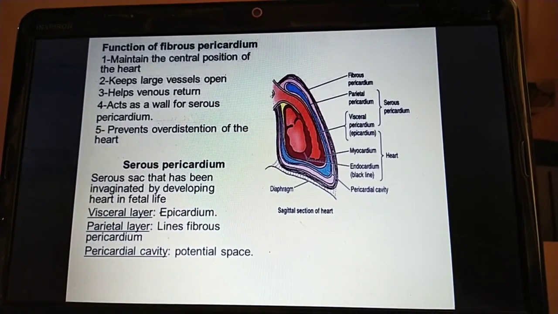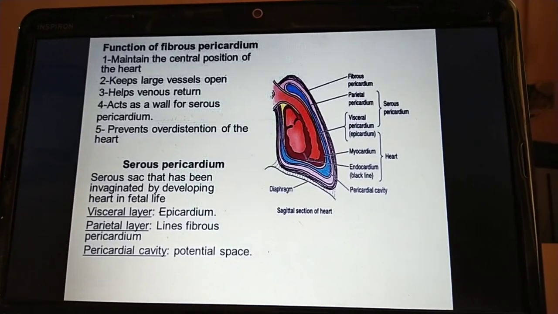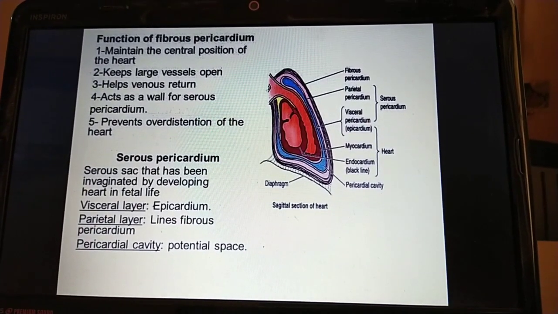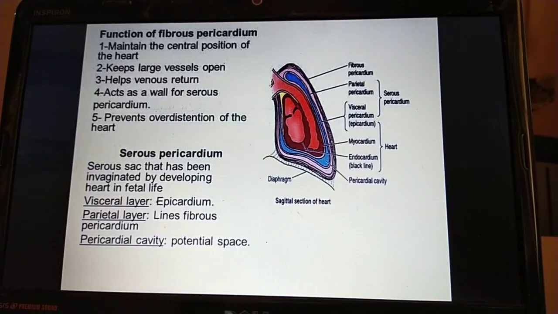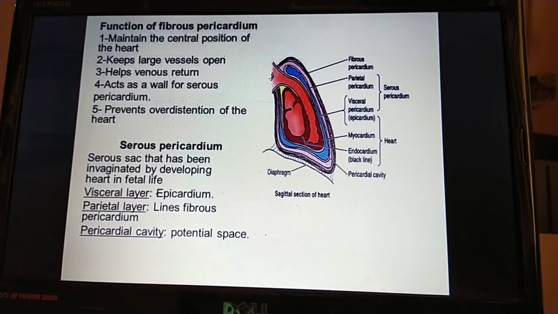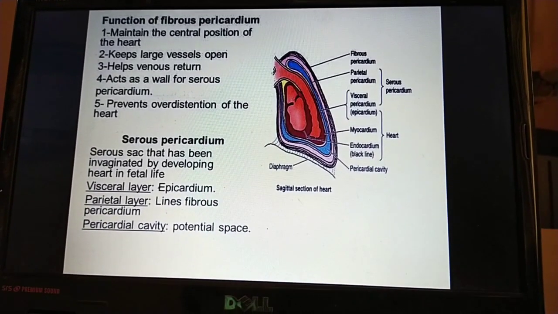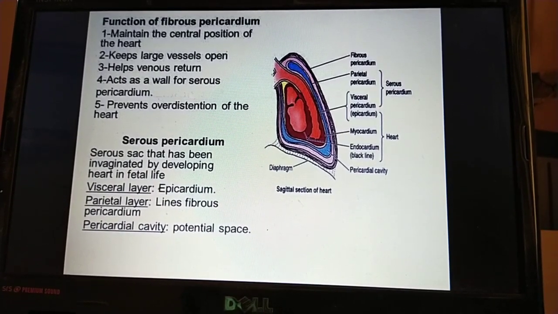The functions of the fibrous pericardium or parietal pericardium: it maintains the central position of the heart, keeps the large vessels open, helps in venous return, acts as a wall for the serous pericardium, and prevents over-dilatation of the heart.